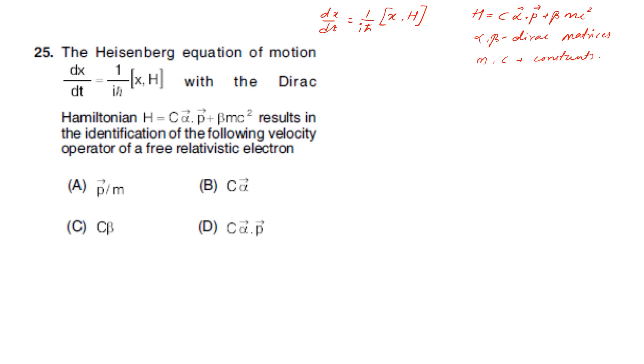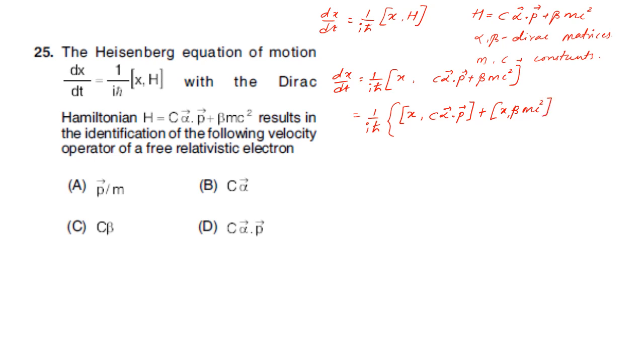Then consider dx/dt is equal to 1/(i h cross) times [x with c alpha dot P plus beta mc square]. Solving this, it is 1/(i h cross) commutator x with c alpha dot P plus x with beta mc square.